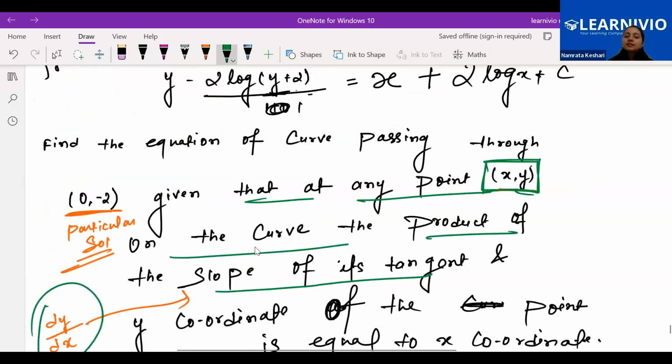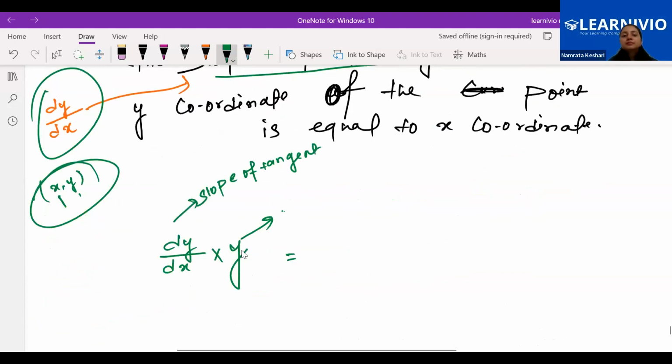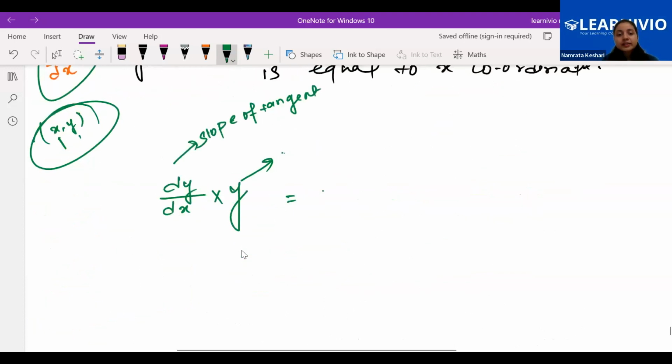Read carefully, it's written here, the last line: is equal to x coordinate. Can you see it, Murtaza? Yes, ma'am. So it is equal to x. And this is very simple, right? Yes, ma'am. 0 comma minus 2 is for finding the particular solution.